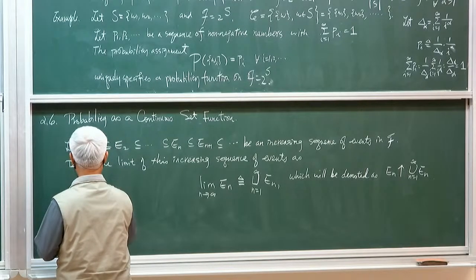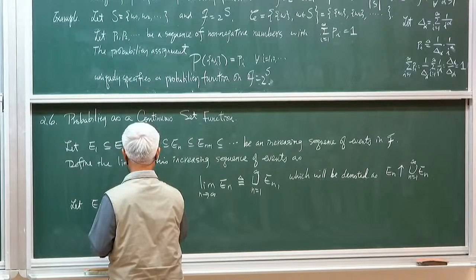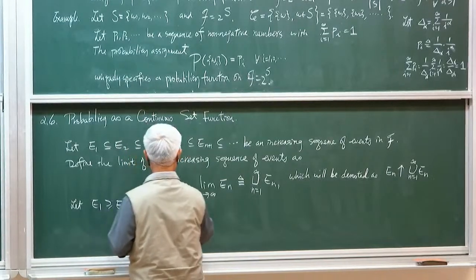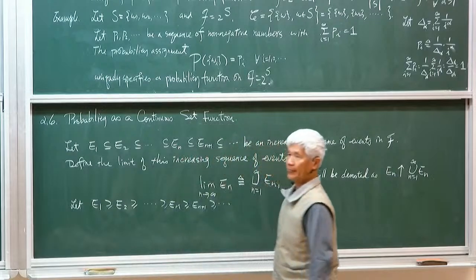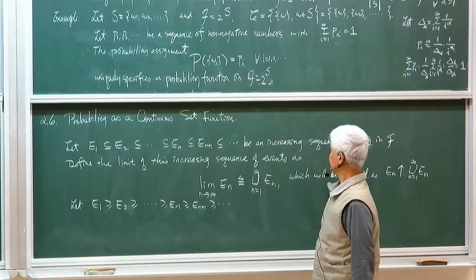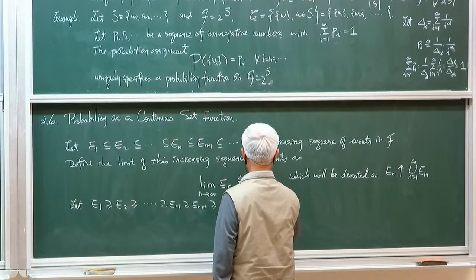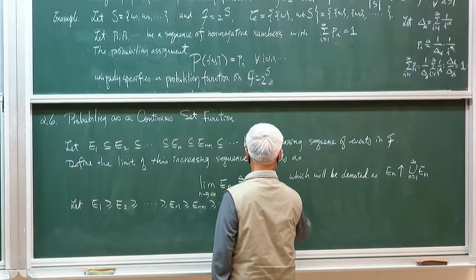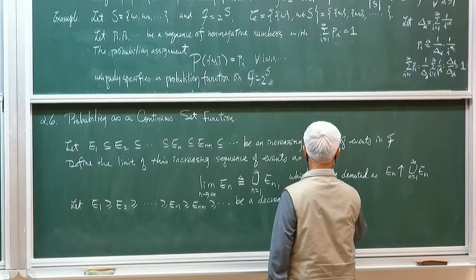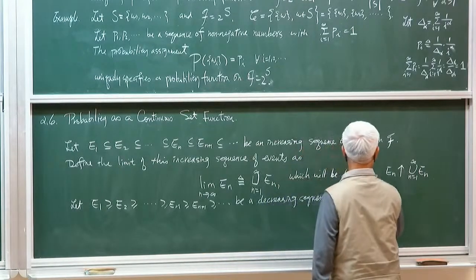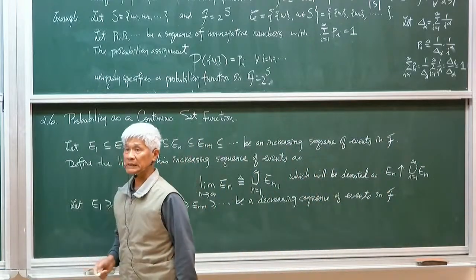Let E1 contain E2, contain En, and En plus 1, be a decreasing sequence of events in F. Yes?